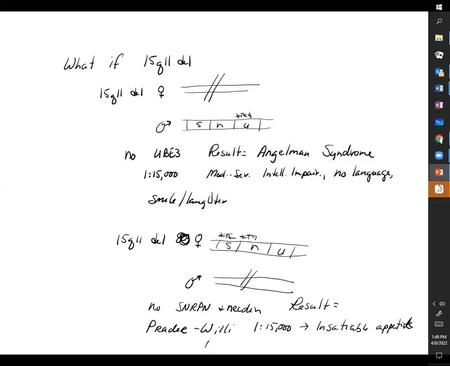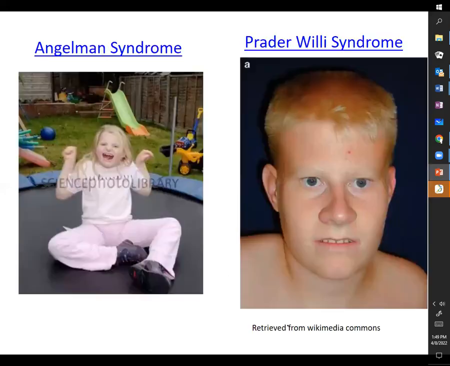There can be some mild developmental delays, but they're fully verbal. If an individual with Prader-Willi has any intellectual impairment, it's very mild. There can be some behavior issues because they are hungry all the time. So here's an individual with Prader-Willi syndrome.